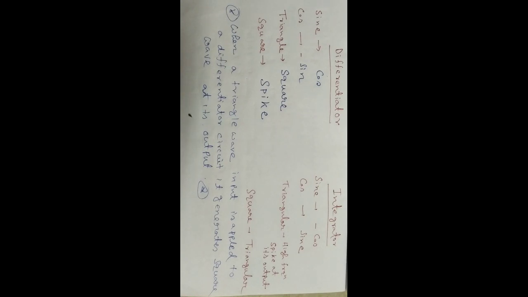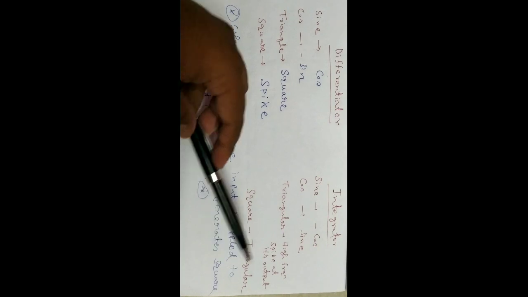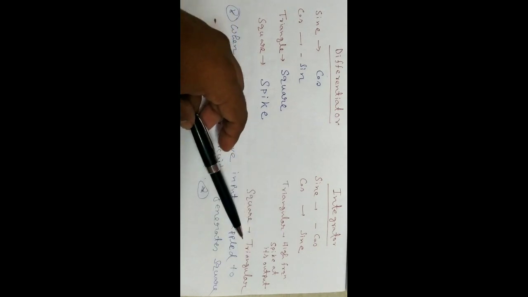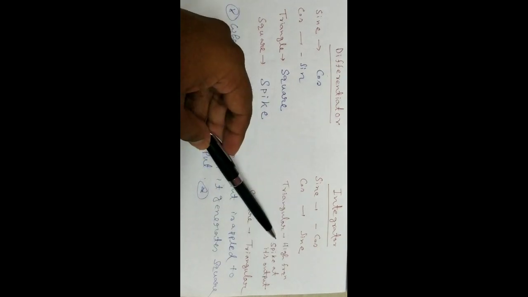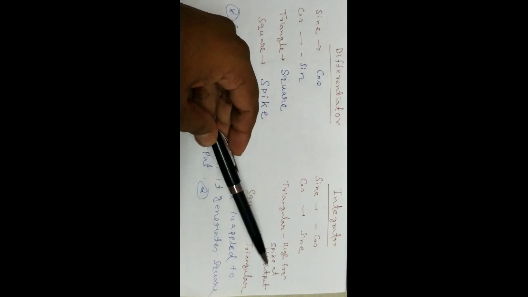When a cos wave is applied to an integrator circuit, it generates a sine wave. Also, when a square wave is applied to an integrator circuit, we get a triangular wave, but when a triangular wave is applied, we get a high frequency spike at its output.